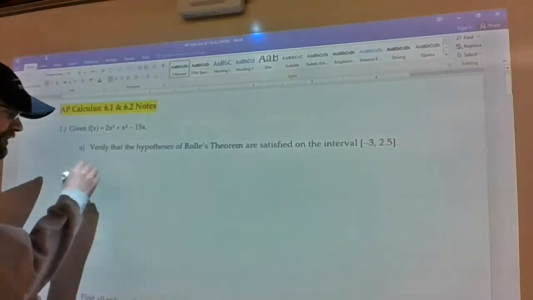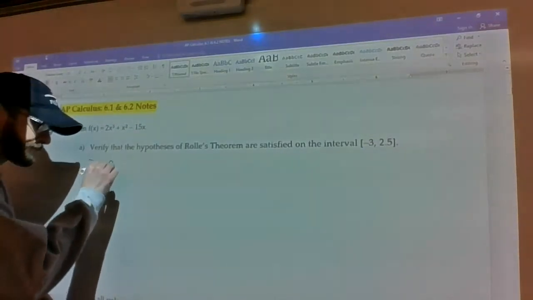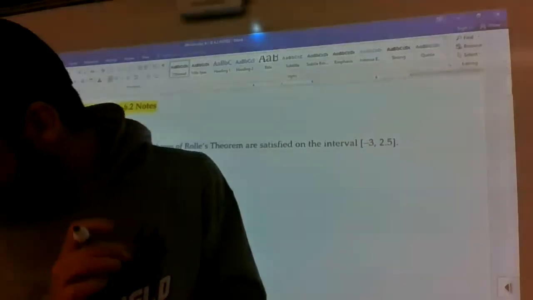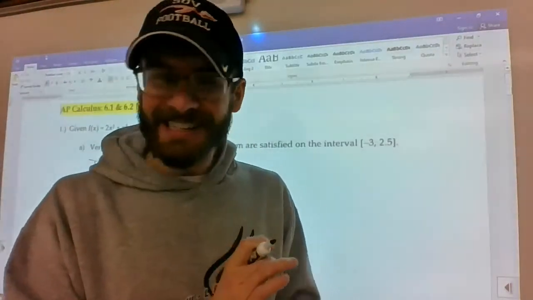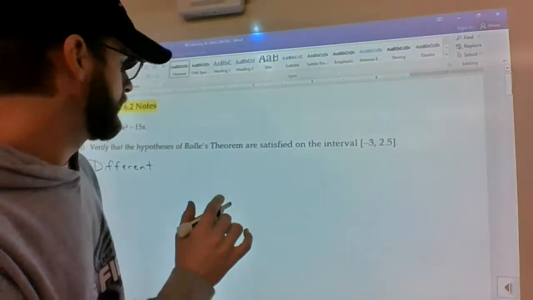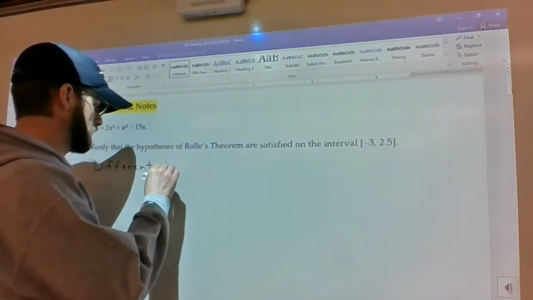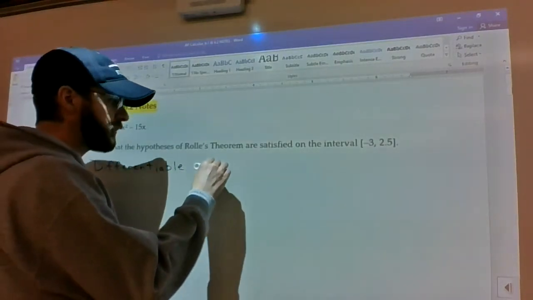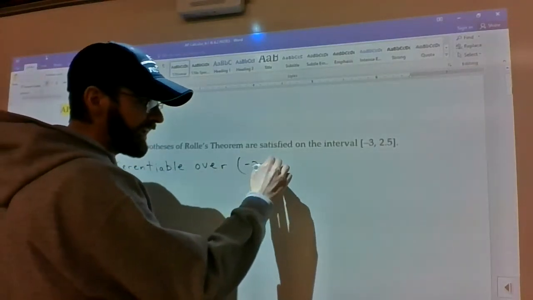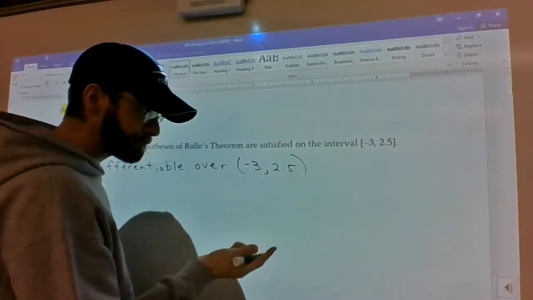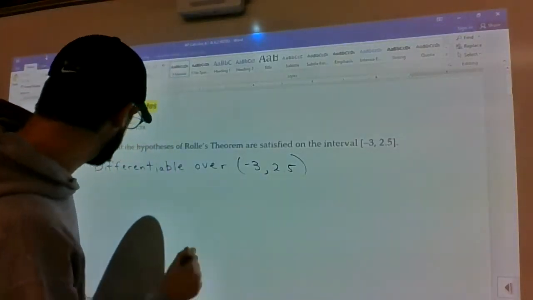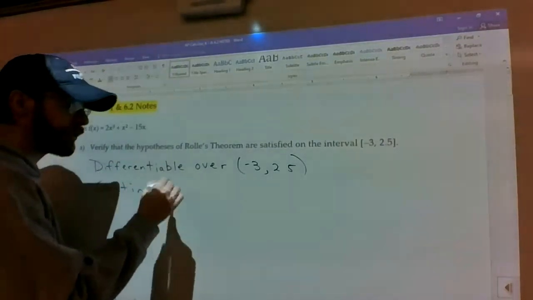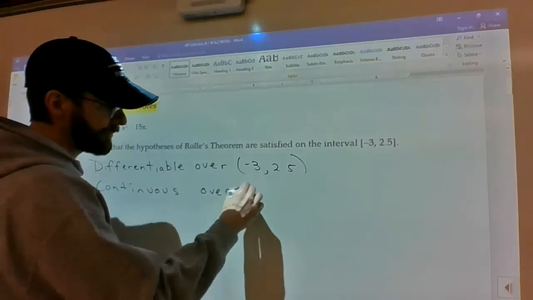We need a function that's differentiable over the open interval -3 to 2.5, but also continuous over the closed interval -3 to 2.5.